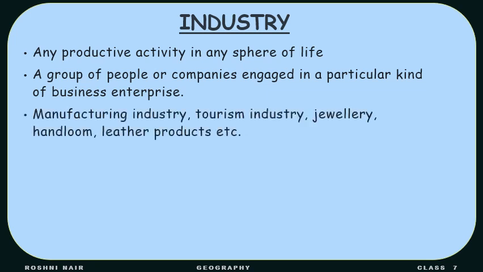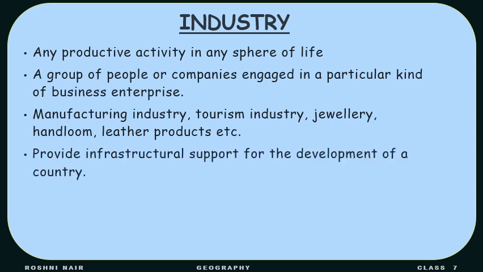It can be a manufacturing industry, tourism industry, jewelry, handloom, leather products, etc. Industry may be indulged in providing infrastructural support for the development of a country, and also industry helps in the employment of a lot of people. That is how much of the population earn money, and if you get money, definitely the standard of living will go high. Now let us understand this definition further.